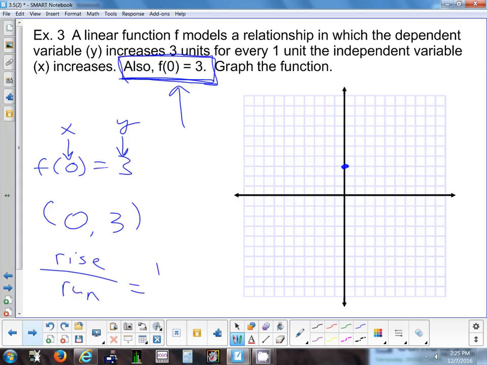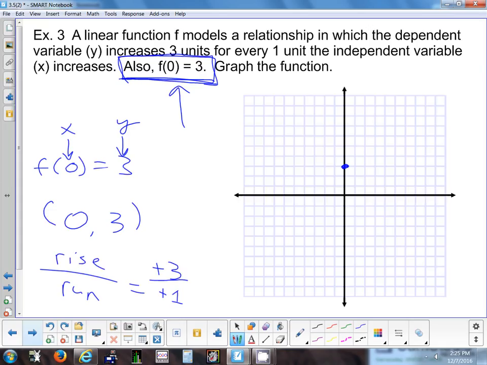My rise is going up 3, so up is positive, when x goes up 1 unit. What's my run? Is that the x or the y? That's the x. So the rise increases 3 units every time the run increases 1 unit. That's exactly what that says.